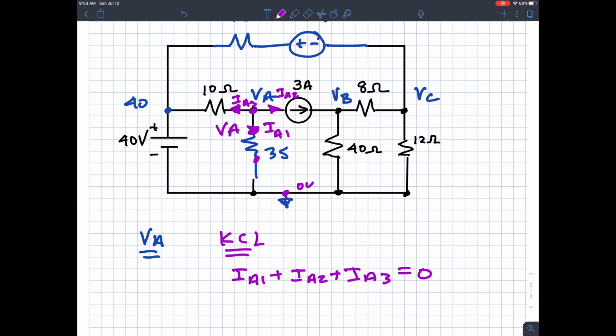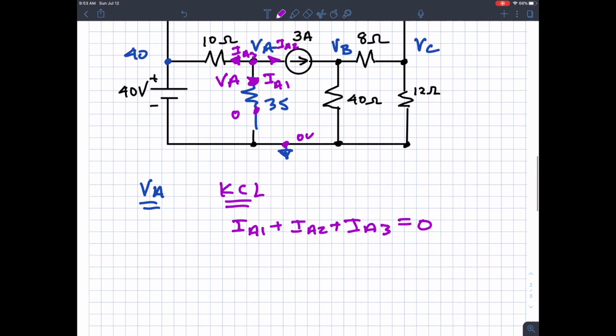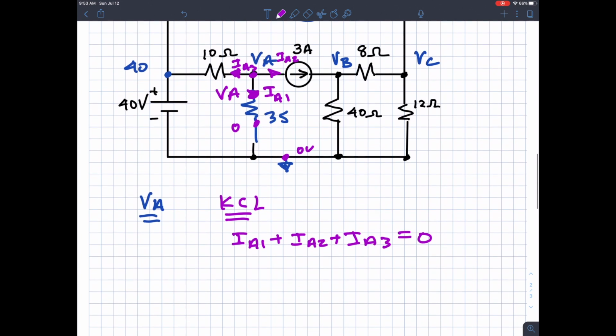So I've got the dots immediately adjacent to each side of the resistor. Because I know those dot values, VA on the top dot, 0 on the bottom dot, I know the voltage across the resistor. That lets me calculate IA1. I have to decide on a polarity, and I use the passive sign convention. Let me clean this up a little bit.